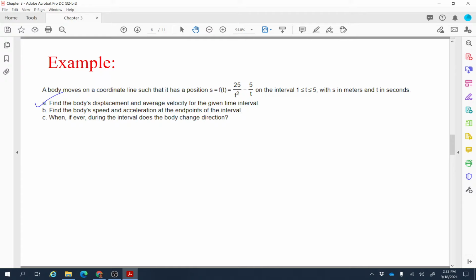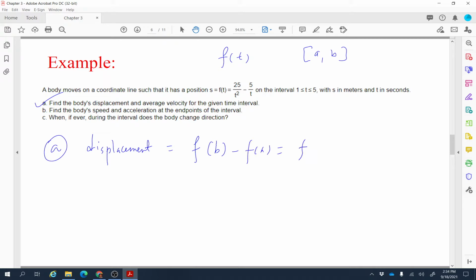Displacement means if you have a position function f of t on interval ab, you can find out the displacement, meaning it's a change in position, by finding the difference between the values of the function at the endpoints. So this is f of b minus f of a. In this case, b is 5, a is 1.